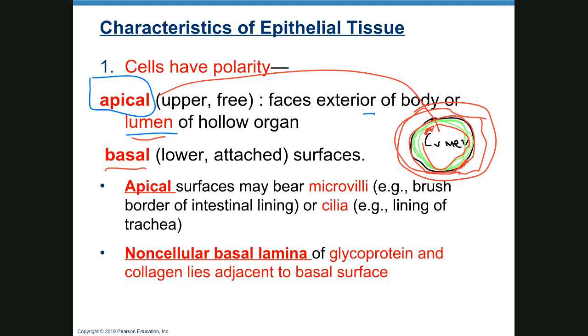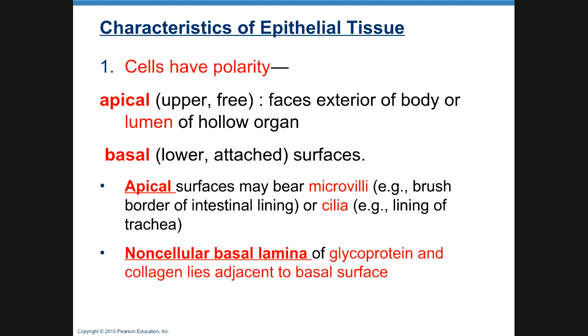Okay. So the first thing to note is epithelial tissue has two surfaces: the outermost surface, which is the apical surface, and the bottom surface, which is the basal surface. It is also good to note that the apical surface of the tissue oftentimes exhibits modifications.